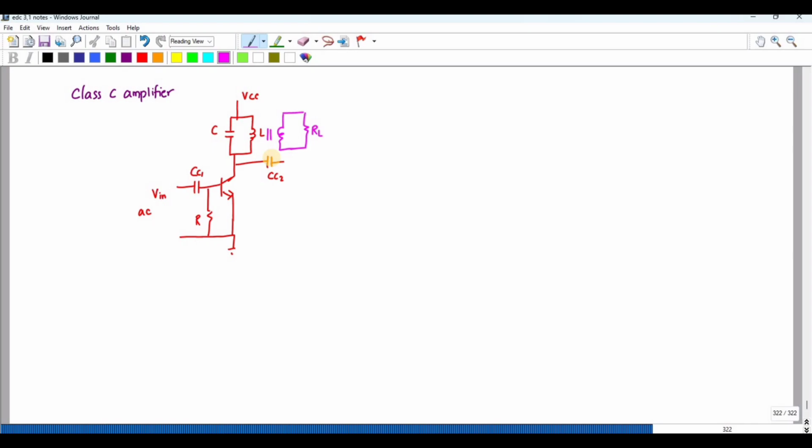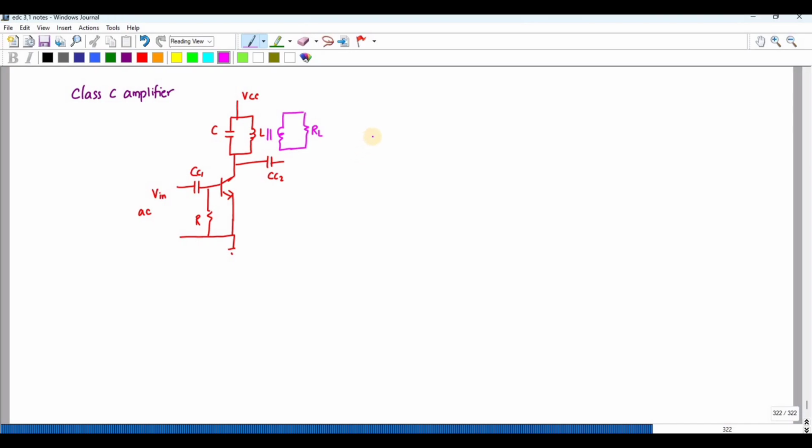These Class C amplifiers are used in the radio receiver of high frequency, because at low frequency the capacitive impedance is larger, therefore the circuit becomes bulky. The inductance and the capacitance value becomes bulky at low frequency.